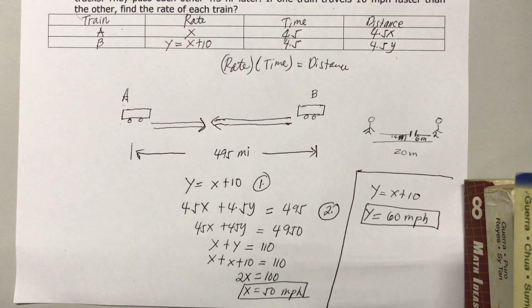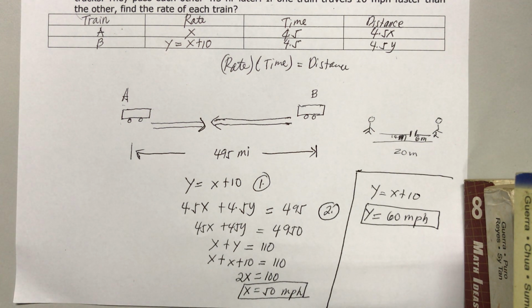Okay, so going back, how do you check whether your answer is correct? You go to the column under distance. So 4.5x is the distance covered by train A, while 4.5y is the distance covered by train B. After 4.5 hours, what is the total distance covered by train A?